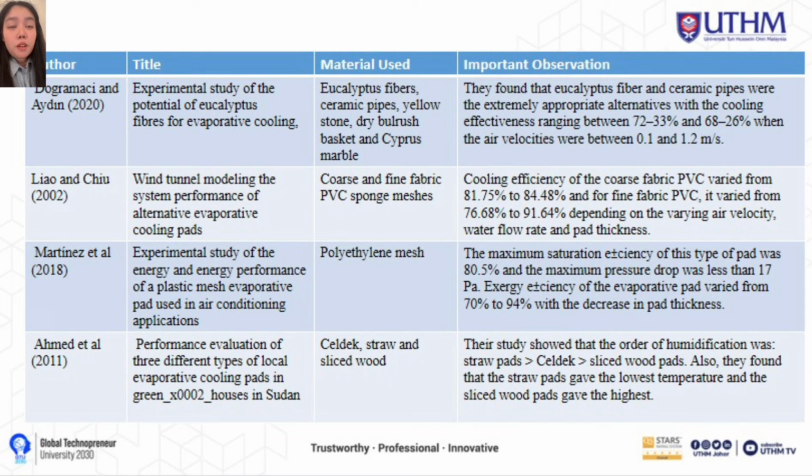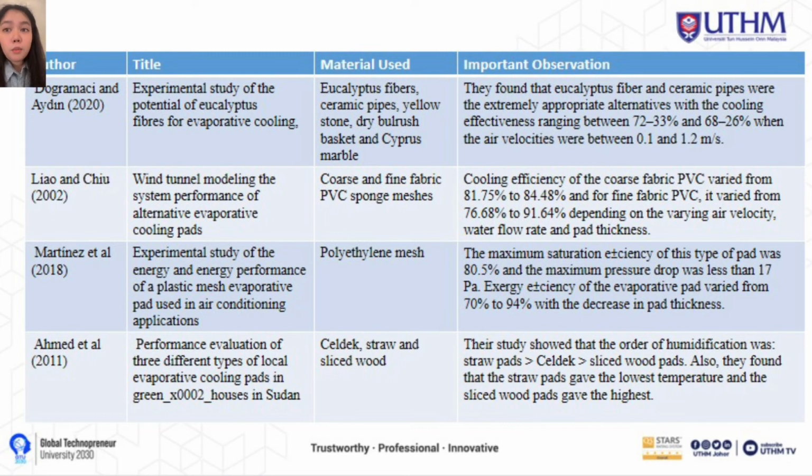The important observation is they found the eucalyptus fiber and ceramic pipe were extremely appropriate alternatives, with cooling effectiveness ranging between 72% until 33%, and then 68% to 26% when the air velocity is between 0.1 and 1.2.